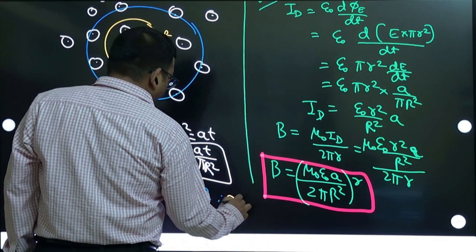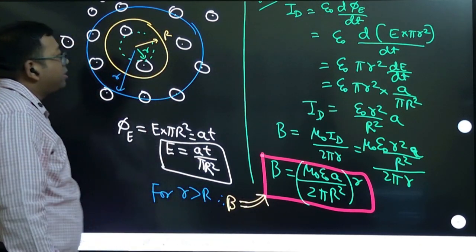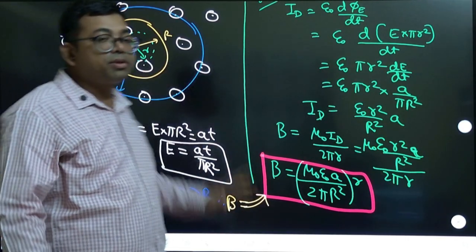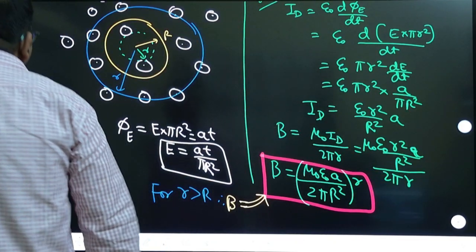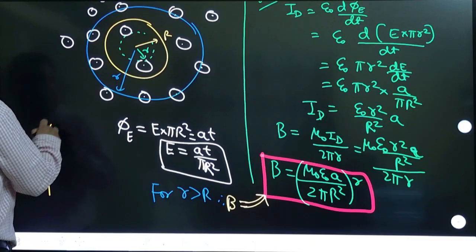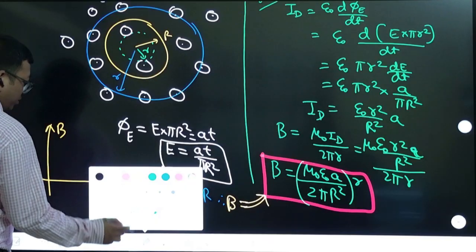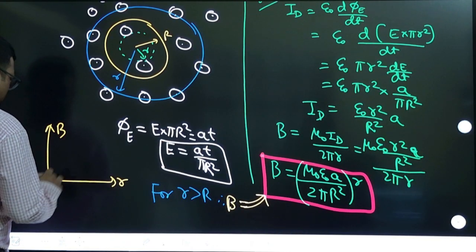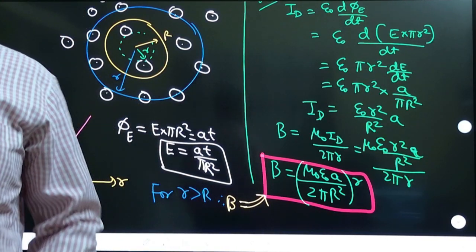Yes, because the electric field is not limited, here the field is present everywhere. So the graph is always going to be a straight line here, that you note. Are you understanding this? Yes.